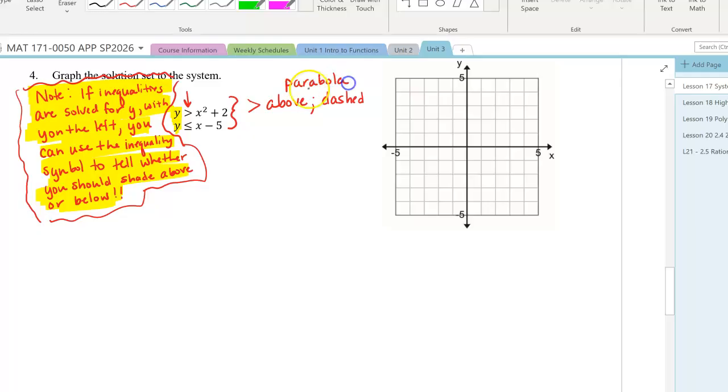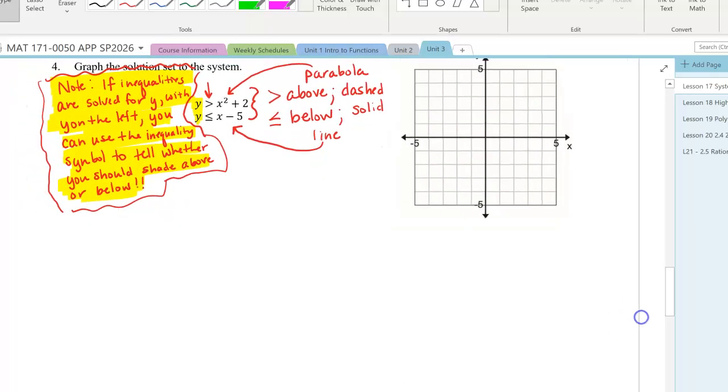And I know that's a parabola because x is squared. Now for the second inequality, because it's less than or equal to, we'll be shading below, and it will be solid because it does include the equals to. And the second inequality is a line because x is to the first power.